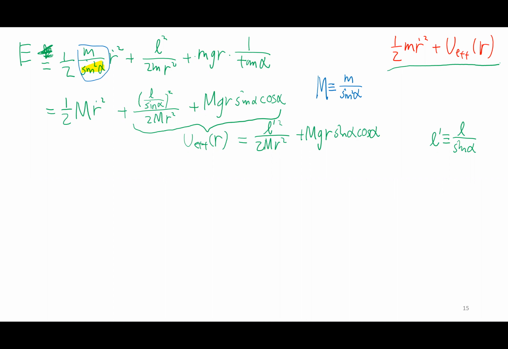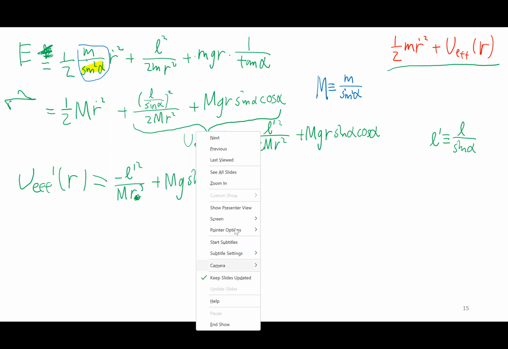So then I just need to work on the U effective now. If I take the first order derivatives, then what I have is the following.